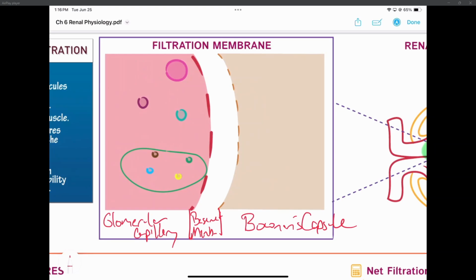The space in between, the basement membrane, what charge is that? Negative. So we have negative charges here. Okay. These holes in the middle are the fenestrations. And on the opposite side, these are the podocytes.